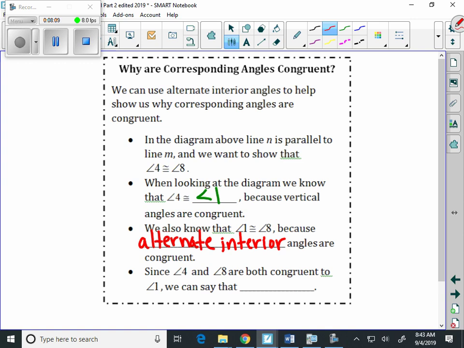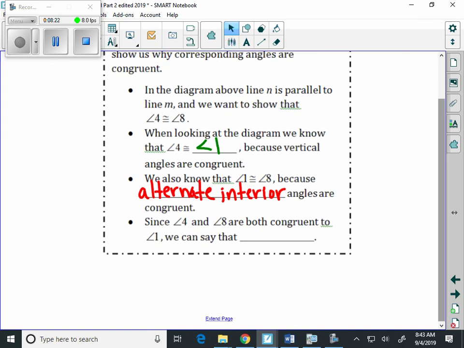It's the same reasoning here. Angle 4 is congruent to angle 1. Angle 8 is congruent to angle 1. And because they're both congruent to angle 1, we can say that angle 4 is congruent to angle 8.